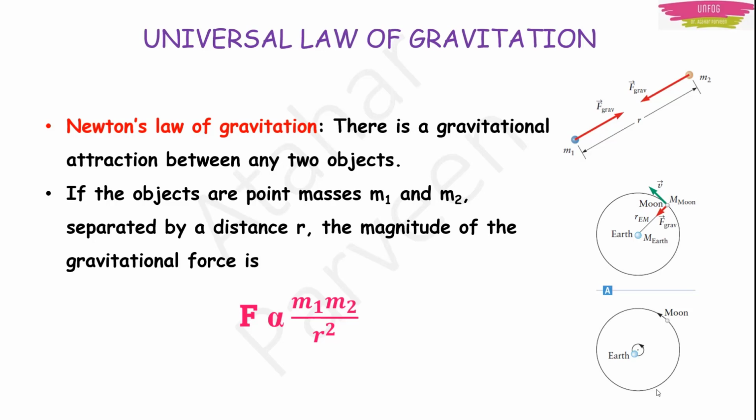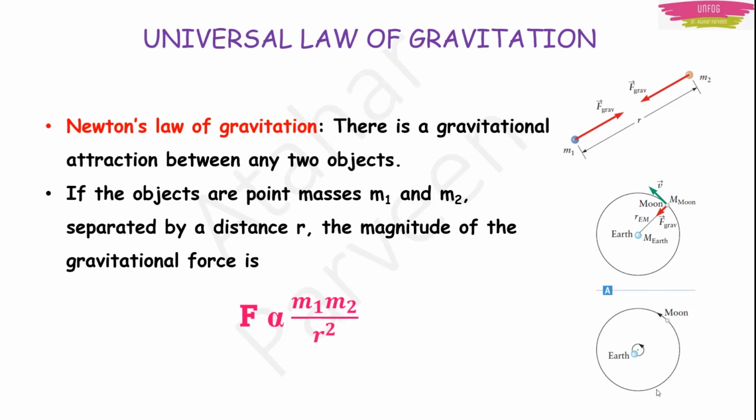If these objects are of masses m1 and m2, and they are separated by a distance of r, then the magnitude of the gravitational force between those two objects, denoted by capital F, is directly proportional to the product of the masses of those two objects and inversely proportional to the square of the distance between them.